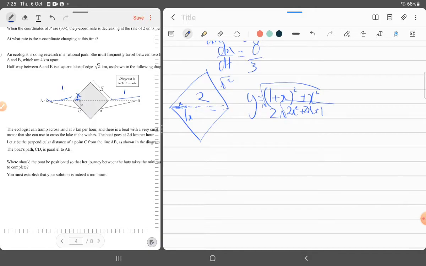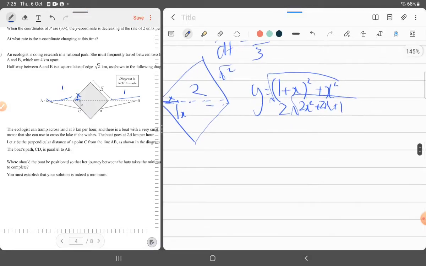That's the number of kilometers. And the distance from C to D will just be 4 take away 2x. I mean 2 take away 2x, I believe.